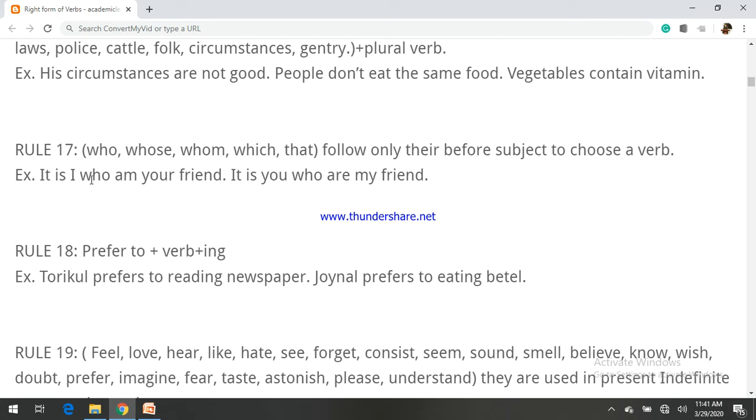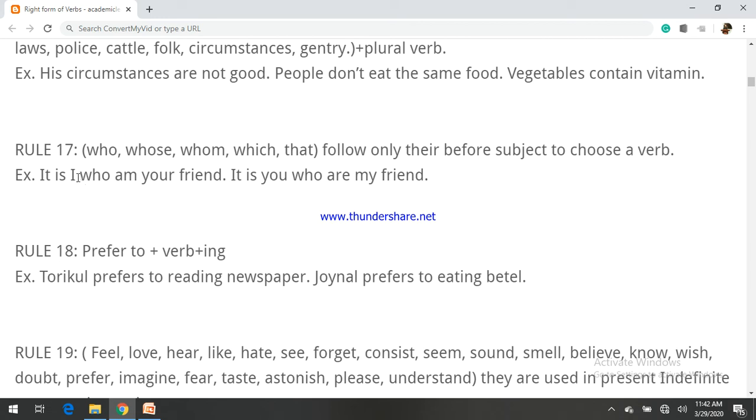It is I. But you cannot think about the subject it. Here you have to consider the second subject I, because the verb sits after the relative pronoun by following the second subject.